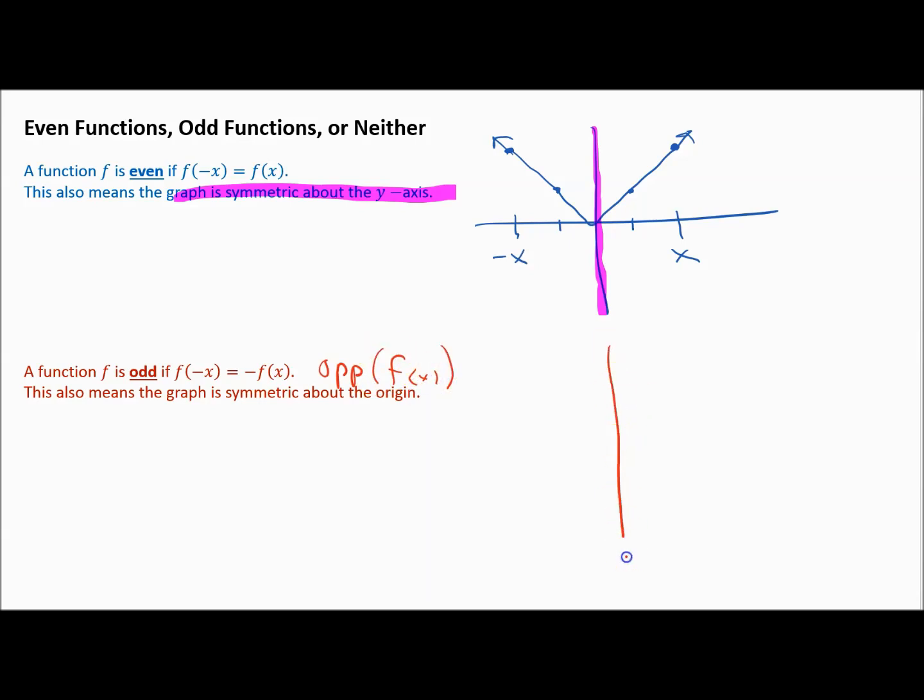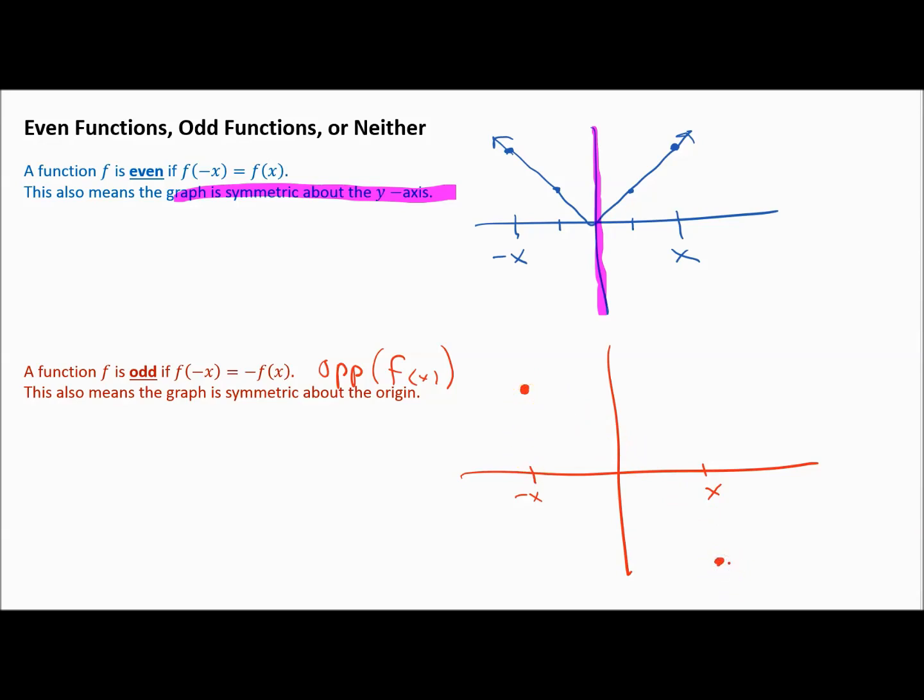Okay? Now graphically, what in the world does that mean? If I have a negative x over here and a positive x over here, well, let's just say my negative x is this value right here, just like we did before. Then when I plug in positive x, which is over here on the right hand side of my definition, I get the opposite of that. So it would be the same height but down here.